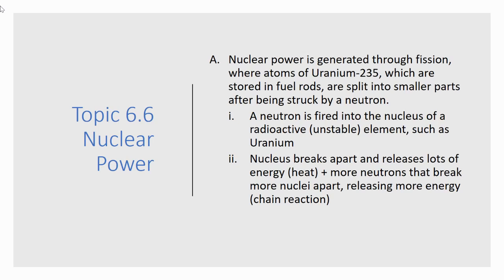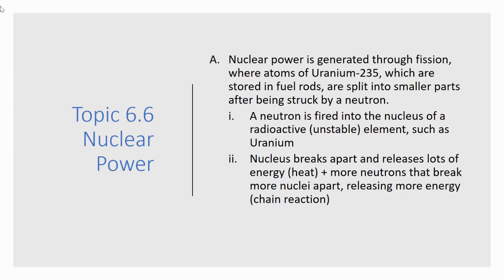So here we go. The big takeaway with 6.6 and discussing nuclear power is how we actually generate electricity using nuclear power. The resource that we use to do this is uranium-235, which is a radioactive element, and we generate that energy via fission, or nuclear fission. Now, what does nuclear fission entail?